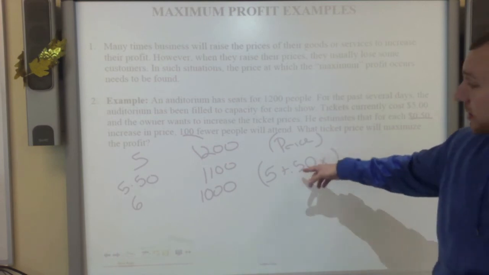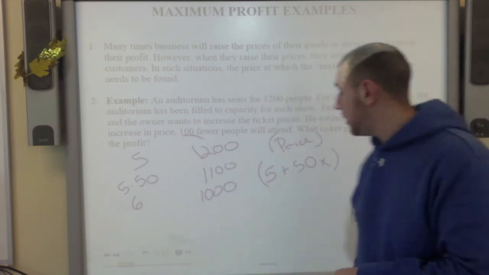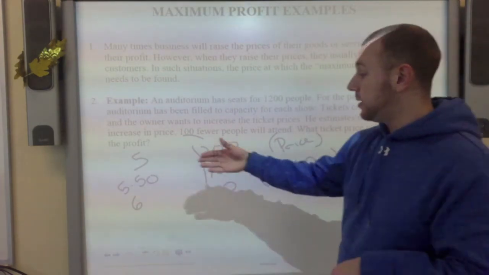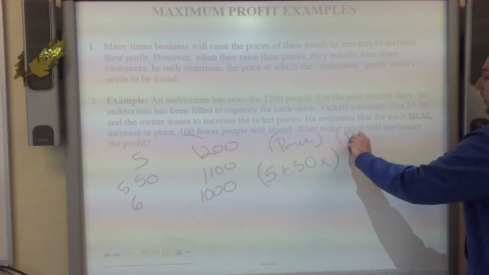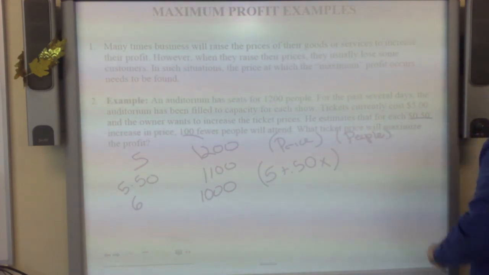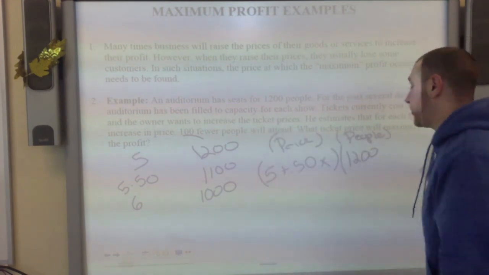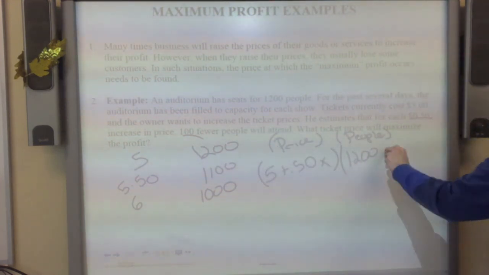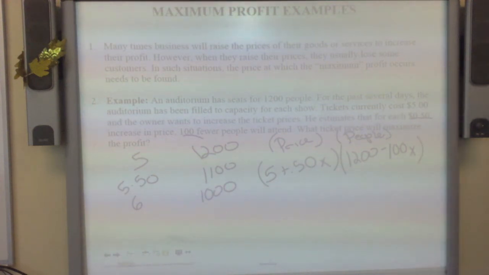So if I move it once, the price is $5.50. If I move it twice, it's going to be $6. If I move it 3 times, it's going to be $6.50. The people is going to start at 1,200, but I'm losing 100 for every increase. So it's minus 100x.